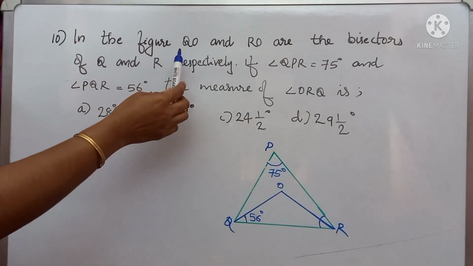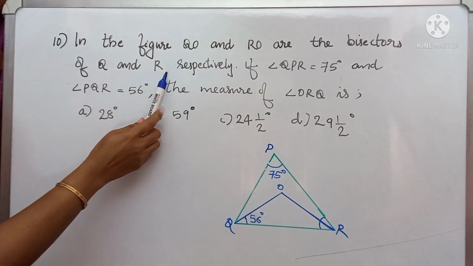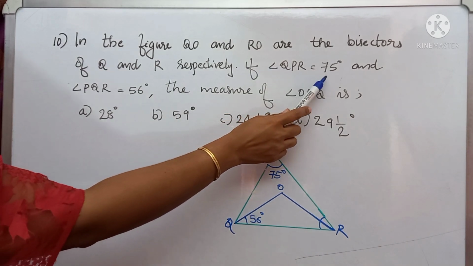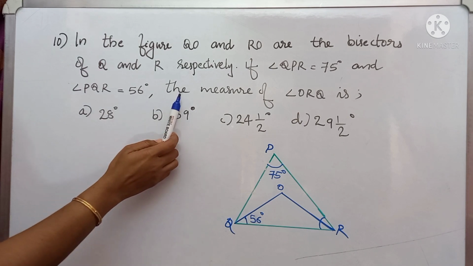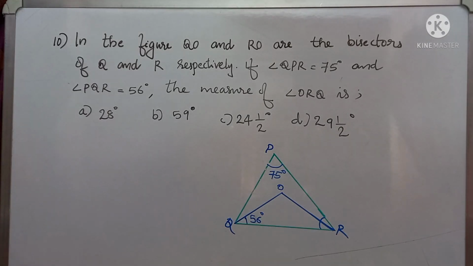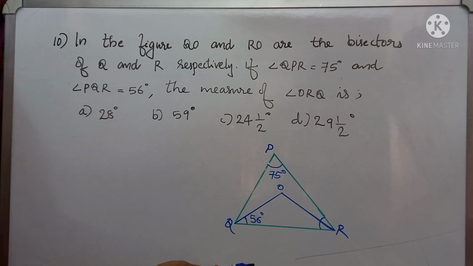In the figure, QO and RO are the bisectors of angles Q and R respectively. If angle QPR is equal to 75 degree and angle PQR is equal to 56 degree, the measure of angle ORQ is. We have to observe that question well. PQR is a triangle, and QOR is another triangle.